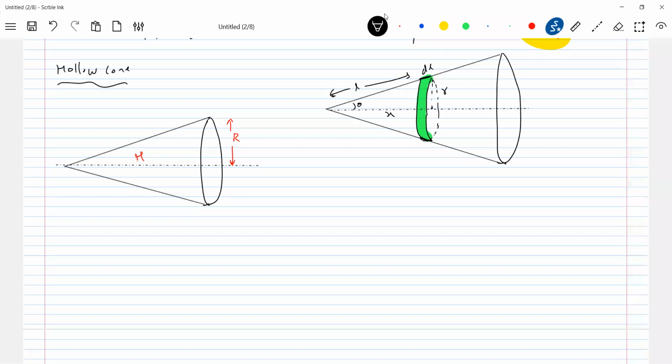Now proceed here. First, shall we define sigma? The mass will be spread on the surface, and this is the origin, with the y-axis and x-axis. With respect to the origin, we are supposed to calculate here.